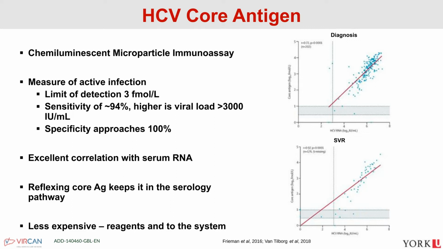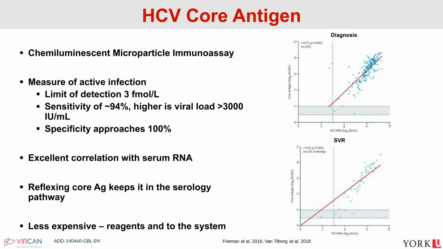And the specificity, so the ability to rule out false positives, actually approaches 100%. This is some work that we've done that's on the right-hand side of the screen there, looking at the diagnosis stage and then the stage for cure, which is SVR, or sustained virological response. And just wanting to point out that in terms of the correlation between core antigen and HCV RNA, they are extremely well correlated.